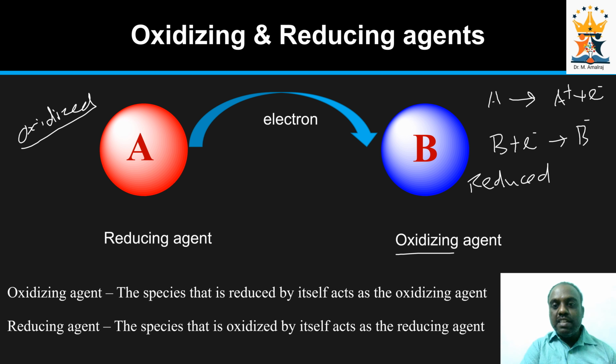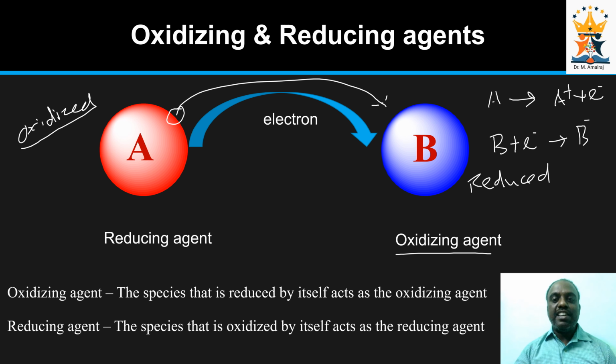So only B is said to be the oxidizing agent. In the reverse way, we can say that A is pushing the electron to B, making B get reduced. Hence, A is said to be the reducing agent and B is said to be the oxidizing agent.